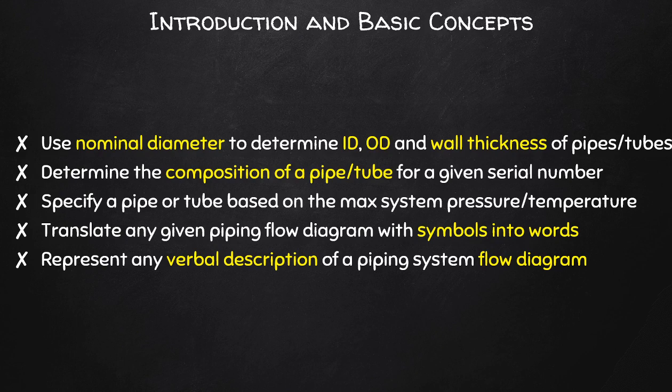We will also look at the basics of translating piping system designs into flow diagrams, and what the various symbols mean. And lastly, we'll learn how to draw process flow diagrams from a description of a process, and also use things like a P&ID, a process flow diagram that is specific to the piping and the instrumentation for that process.